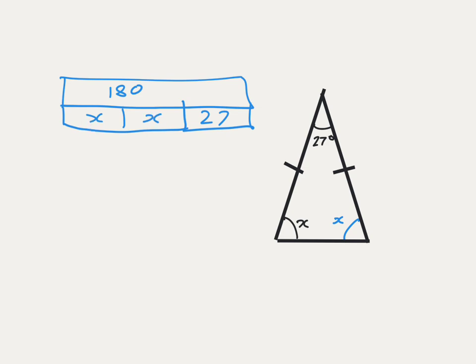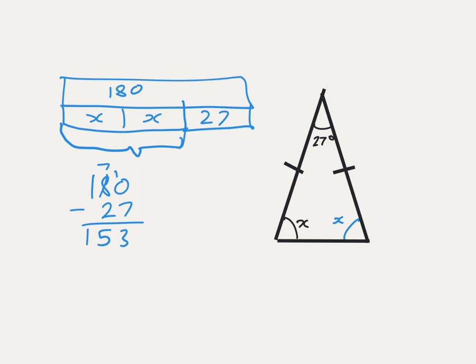So what I need to do is find out how big two lots are by taking away 27, so I'm left with this, and then, because these are both the same, dividing the answer by 2. So I've got 180, take away 27. I'm going to borrow, 10 take away 7 is 3, 7 take away 2 is 5, and I have 153, which is not the answer.